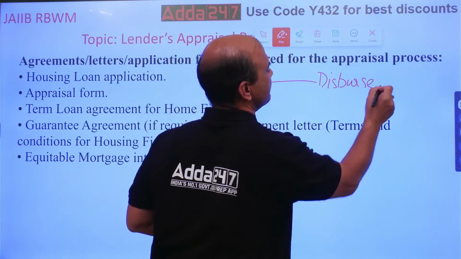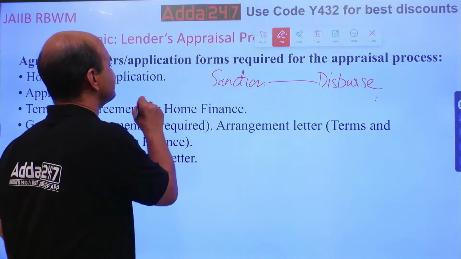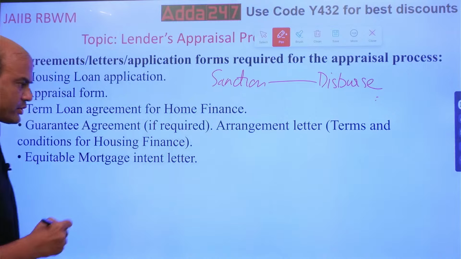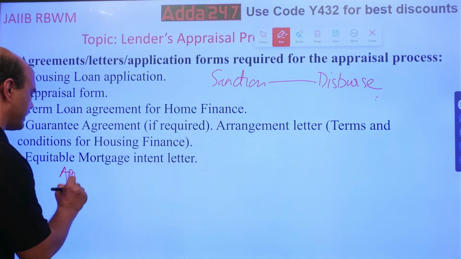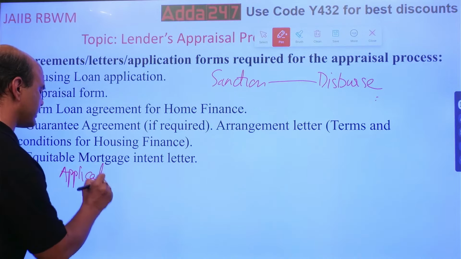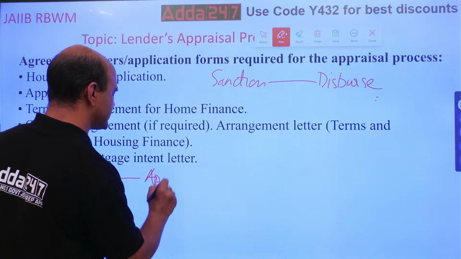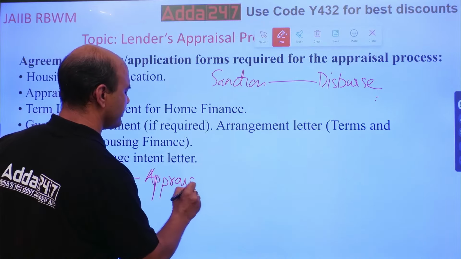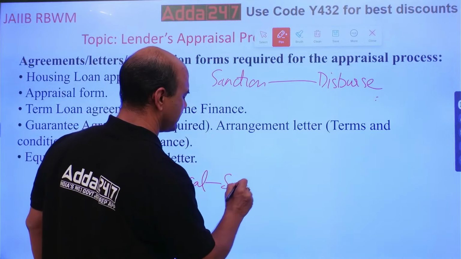Before disbursement, we take legal documents. Shall I show it over here? Yes, see this. First is the application form. Then second is appraisal. Then third is sanction.